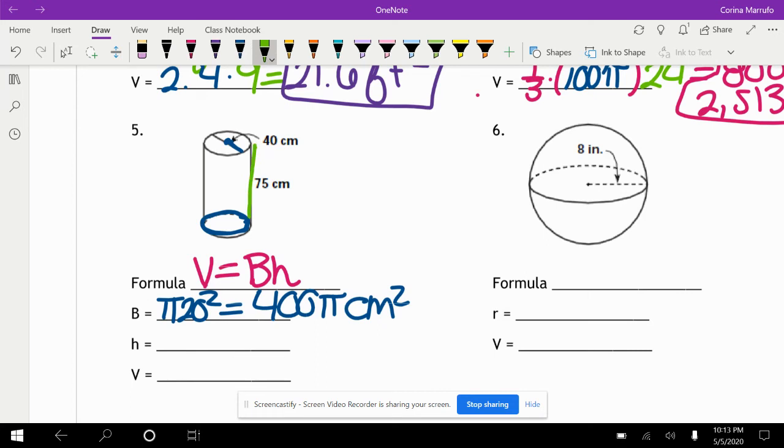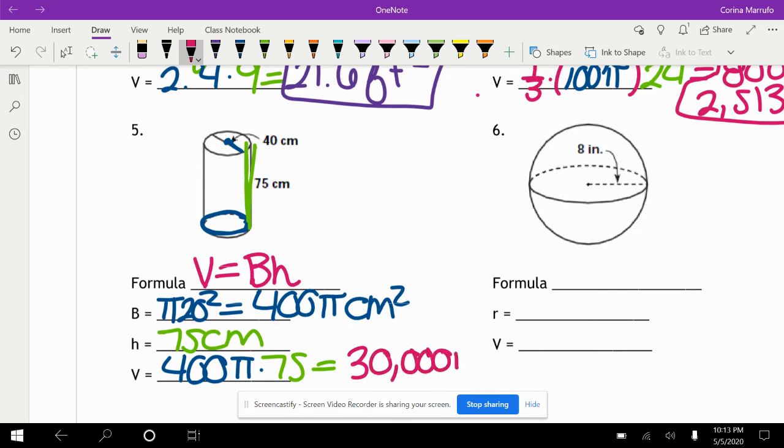Then I find my height. The height of my cylinder is 75 centimeters. So now I am ready to find my volume. My volume is going to be big B, which is 400 pi, times little h, which is 75. I'm going to do both of them, one in terms of pi and one in a decimal. This is going to give me 30,000 pi, and then our units are centimeters squared.